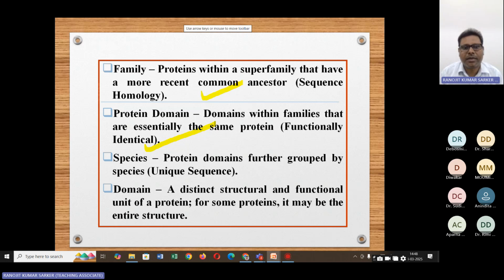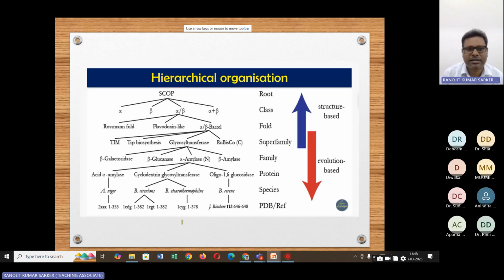That is the main importance of the domain. That's why we are interested in domains, because domains can be shared among several proteins, and these proteins will have multiple functions, and the domain will be equated by their functions. Please note that this is a distinct structural and functional unit of a protein. For some proteins, it may be the entire structure.